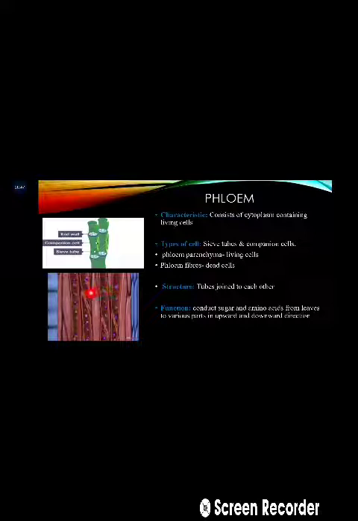It consists of sieve plate, sieve tube, the companion cell, sclerenchyma cells for support, and parenchyma cells. Function of phloem is conducting the nutrients like sugar and amino acids from the leaf to the different parts in upward as well as downward direction.